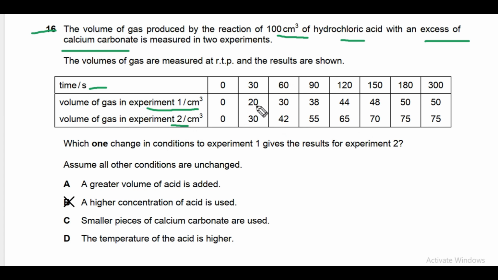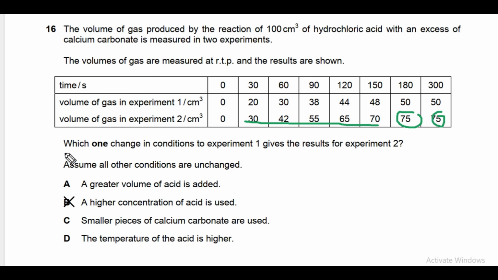So this is increasing, then constant; this is increasing, then constant. Experiment 2 produces more volume of carbon dioxide gas.